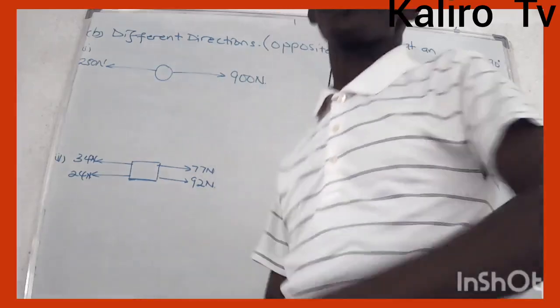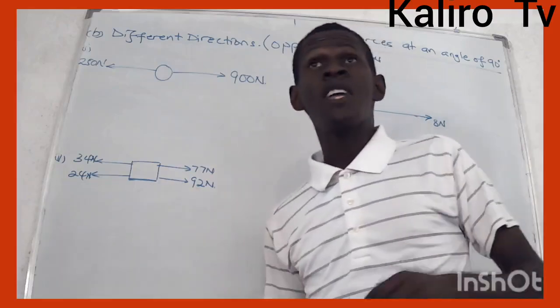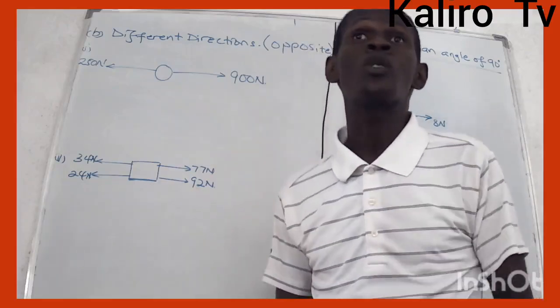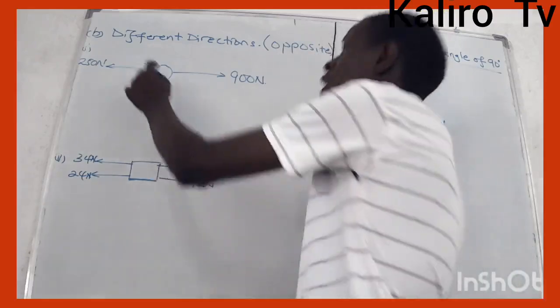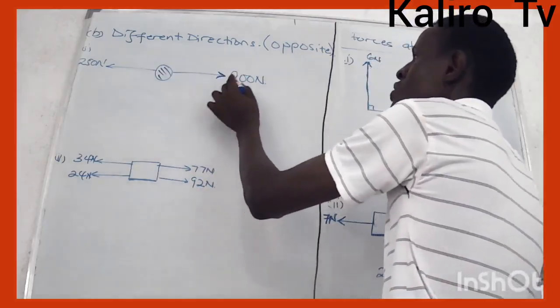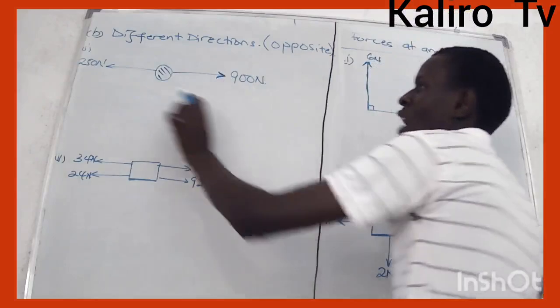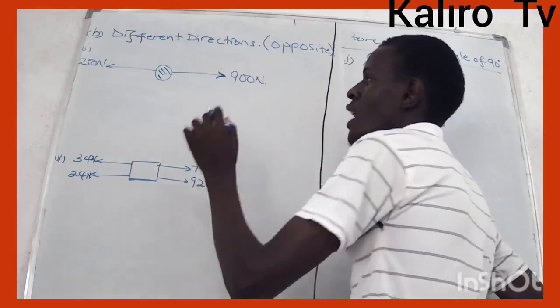How do you get the resultant? Since the forces are acting in different directions, we do what we call subtraction, as we are going to see. A body is acted upon by a force of 900 newtons in this direction and another of 250 newtons in the other direction.